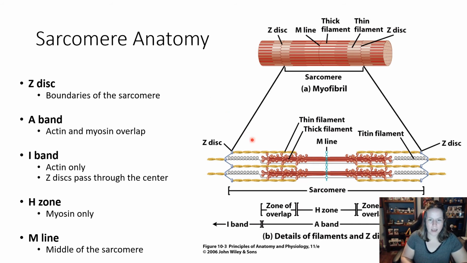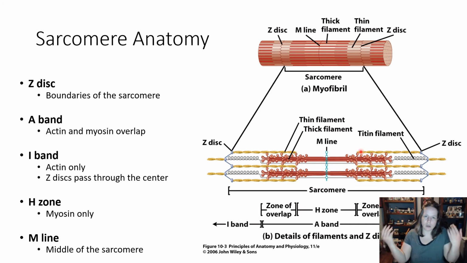Now the areas that have no overlap of actin and myosin, that are just actin only, are called the I band. So the I band is just actin, the A band is actin and myosin, and when we have a relaxed muscle cell, we have an area where there's no overlap yet, here in the middle, and that's called the H zone.